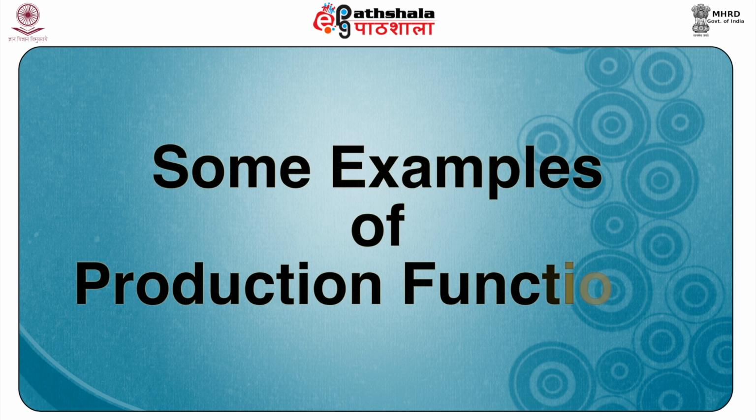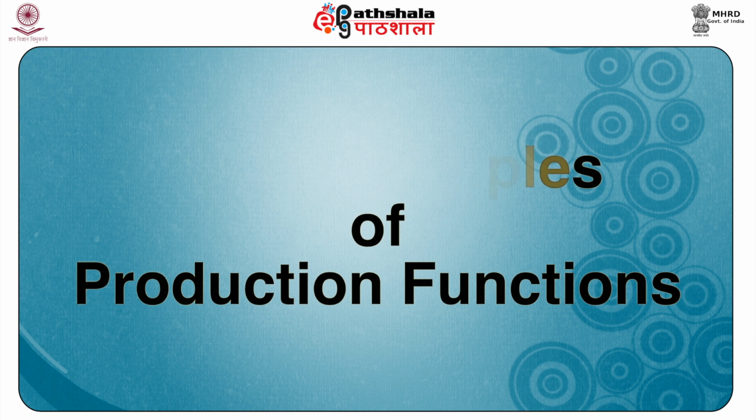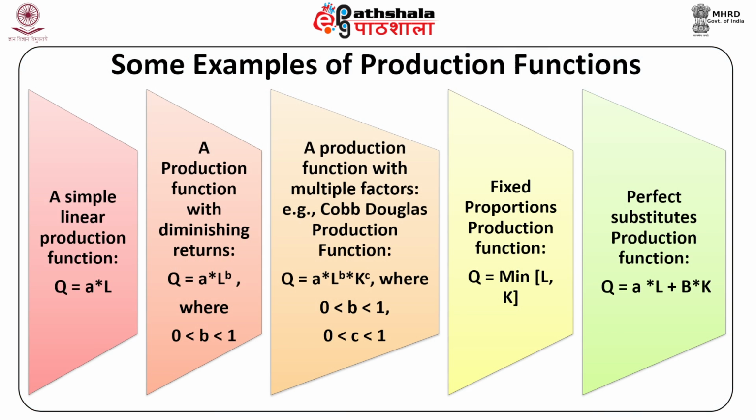Next are some examples of production functions. There can be varied forms of production functions. Some examples are the following. A, a simple linear production function Q is equal to A star L. B, a production function with diminishing returns Q is equal to A star L^B, where 0 is less than B less than 1.